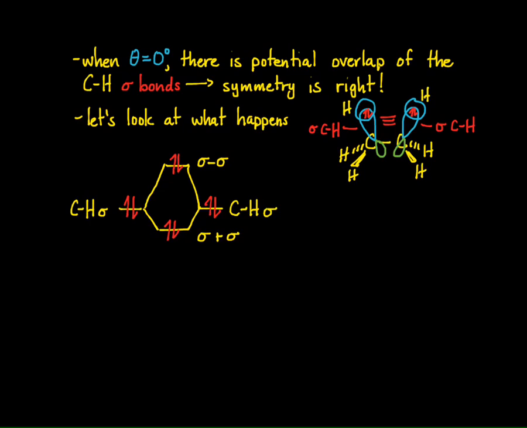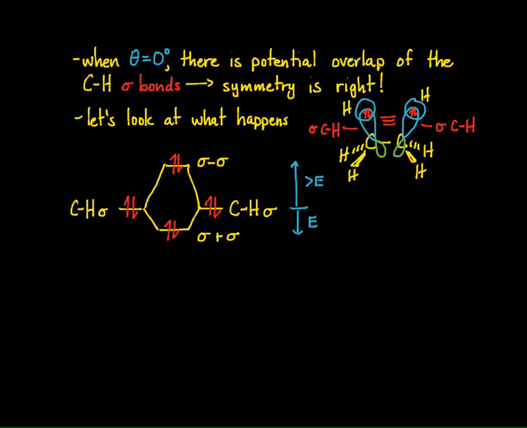However, because of the energy change, the energy that I get from creating a bonding orbital is actually less than the energy that I have to add into the antibonding orbital. One of the main reasons for that is, look at those green lobes there. They're in fairly close proximity to one another, so there's a repulsion that occurs.